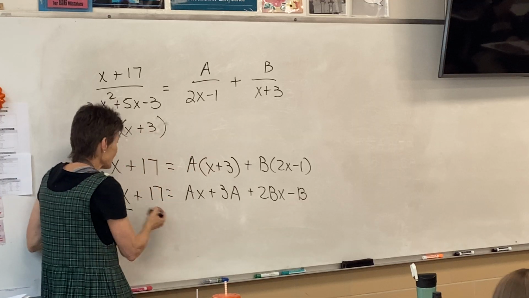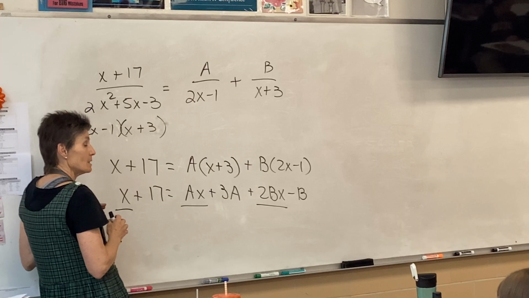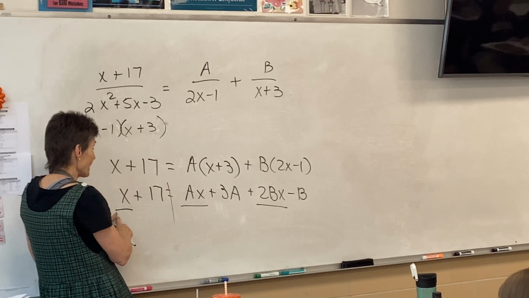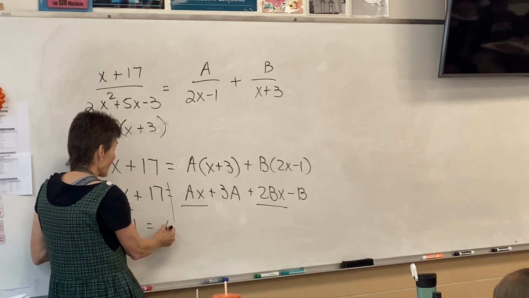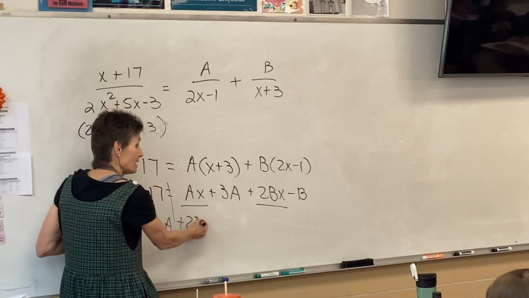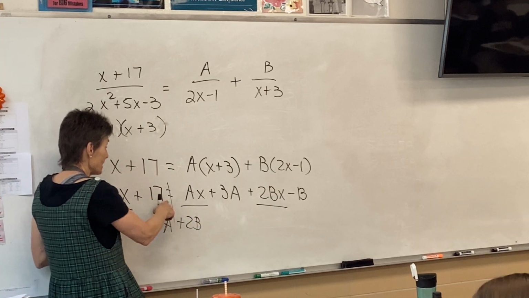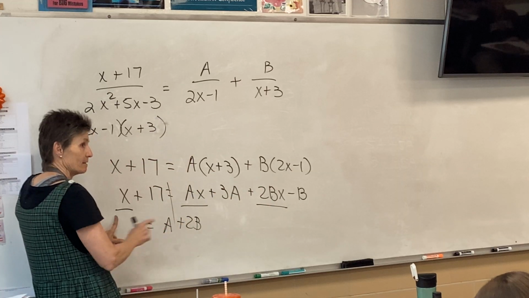So anything with an x, you have to build an equation for. So on this side, here's the equals. On this side, I have 1. And on this side, I have a plus 2b. 1x equals ax's plus 2bx's, and don't put the x's in.